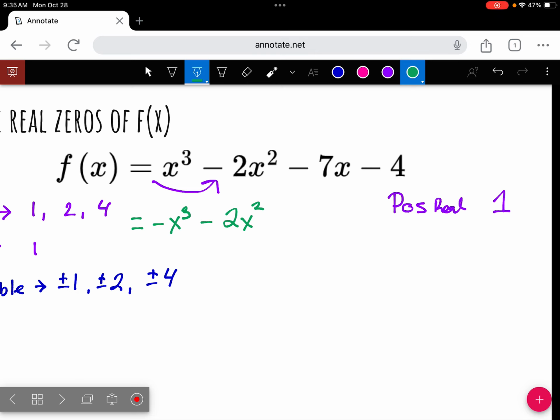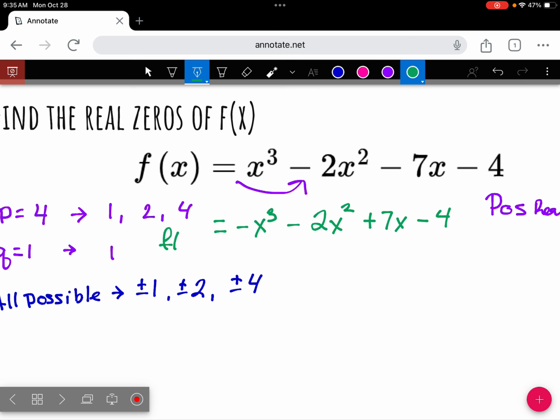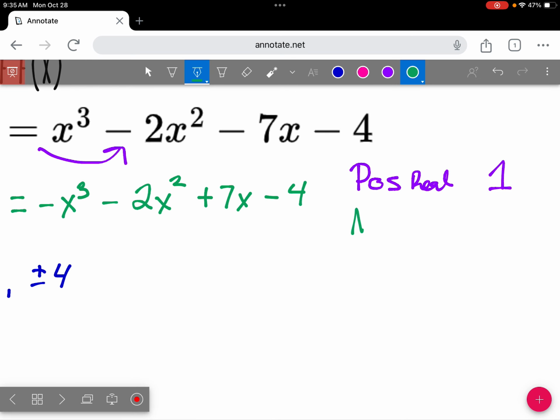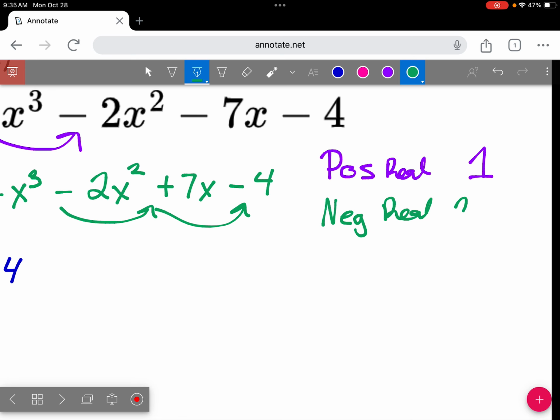Minus x would change the sign here, so this would become plus 7x minus 4. Just clarifying, this is my f of minus x. So how many negative real roots could this have? We were negative, it switches to positive, then it switches back to negative. So we could have 2 or 0.